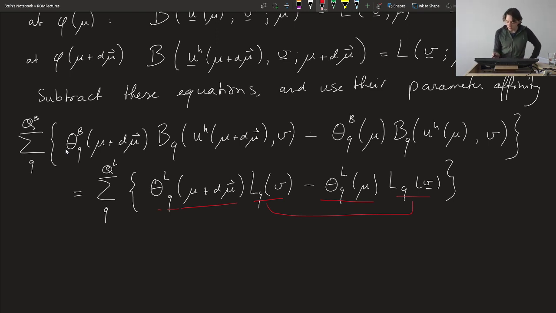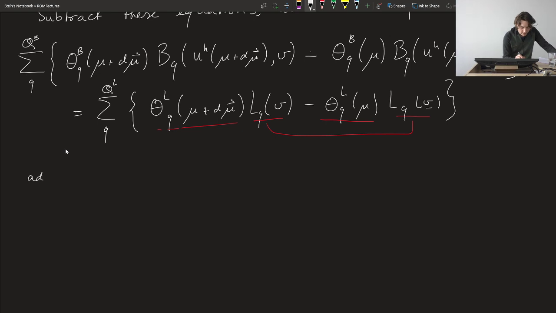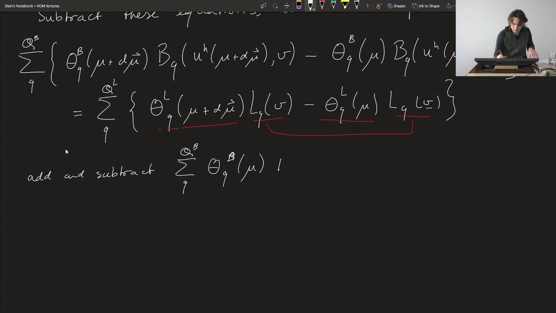Now the same thing does not quite hold yet over there, so what I'm going to do is add and subtract the following term: the sum over q of theta^{b_q} evaluated at mu, b_q of u_h, the solution at mu plus d mu, comma v.